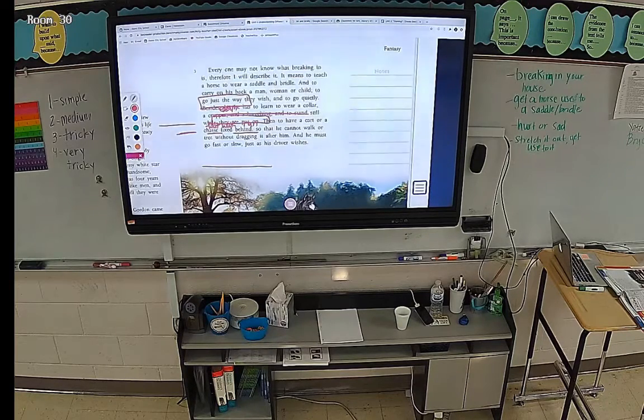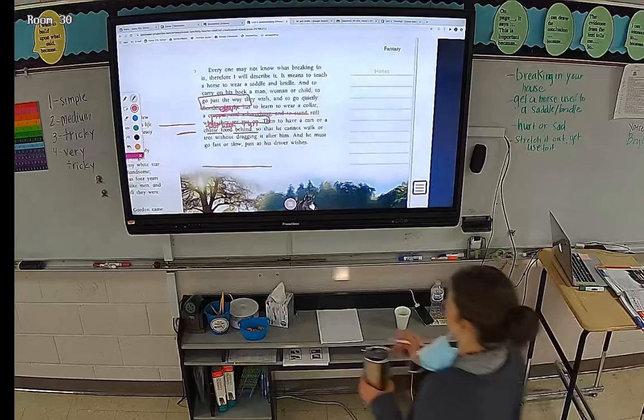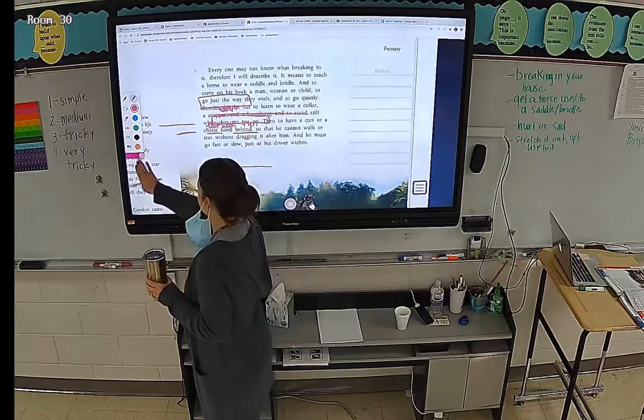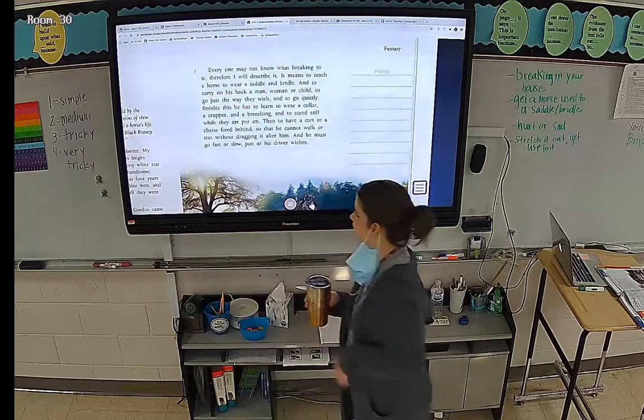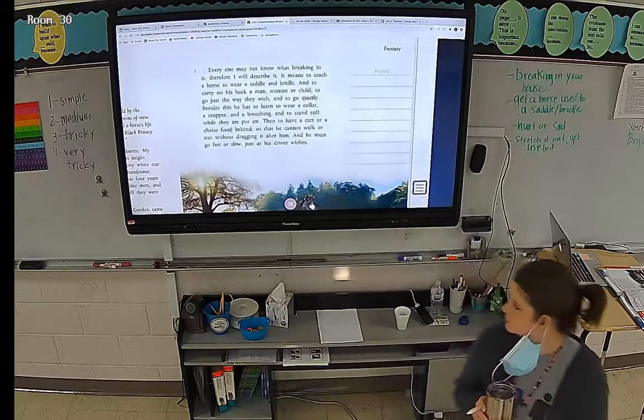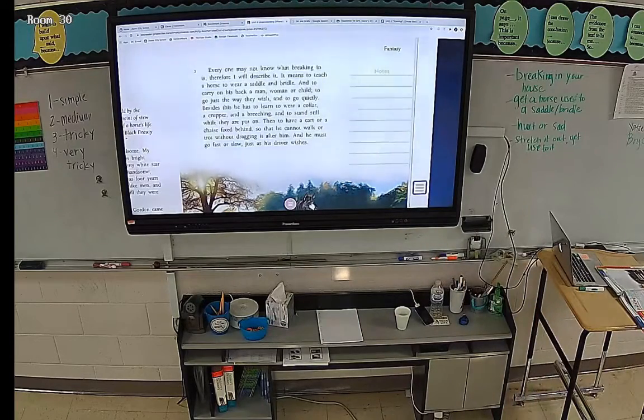And to carry on his back a man, woman, or child, to go just the way they wish, and to go quietly. Beside this, he has to learn to wear a collar or crupper, and blinkers, and to stand still while they are put on.